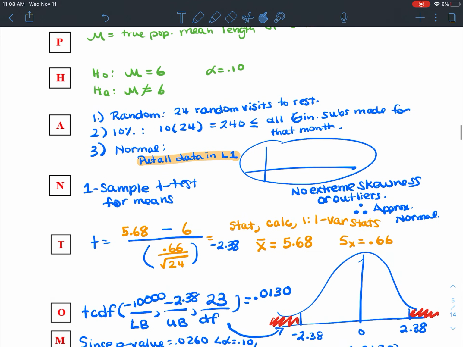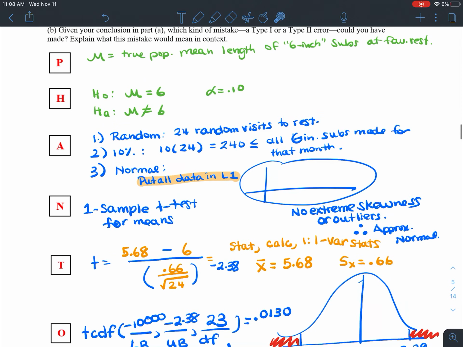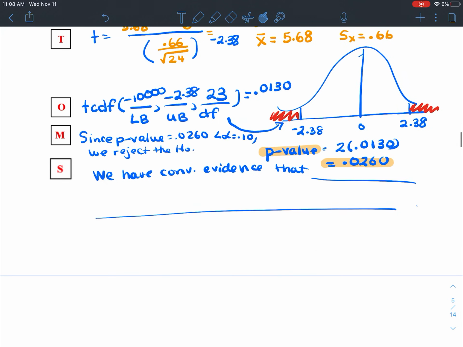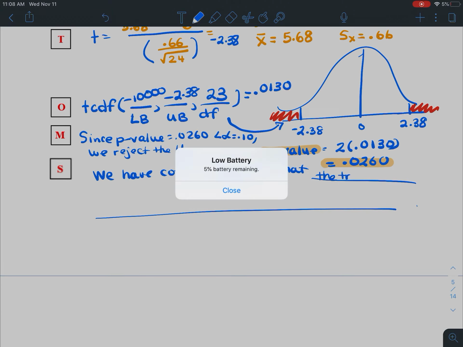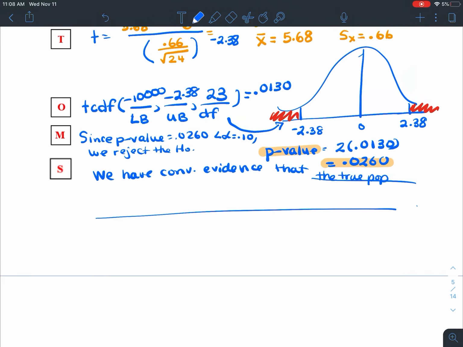If you're ever not sure what the mu symbol is, just look back up at this first step. So we're going to say that the true population mean length of 6-inch subs is different than 6 inches. Or you could say is not equal to 6 inches. That would be fine as well.